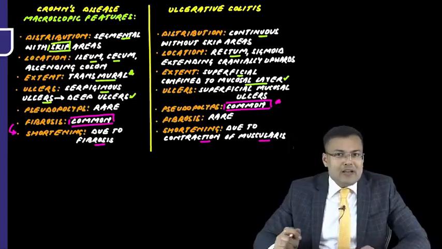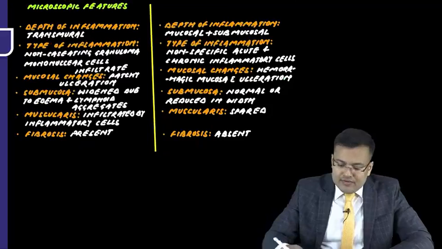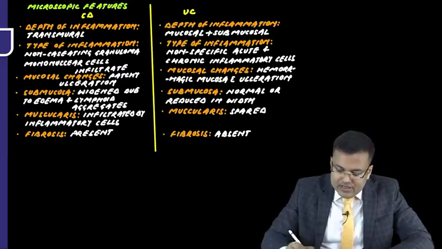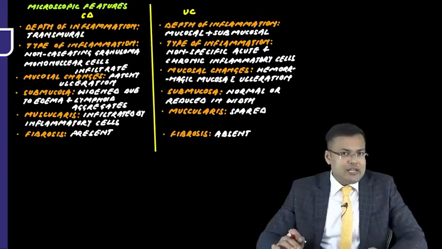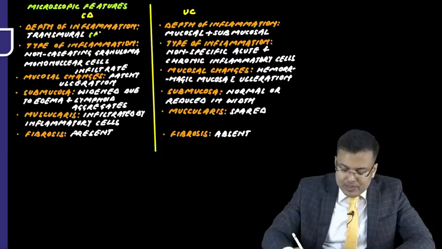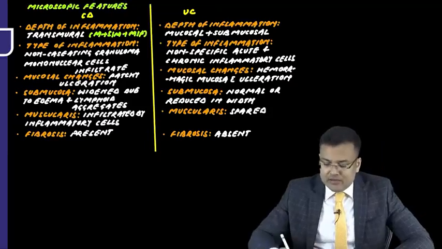Now see the microscopic features of Crohn's disease and ulcerative colitis. We already discussed that the depth of inflammation in Crohn's disease is transmural, means there is involvement of mucosa plus submucosa plus muscularis propria, and in ulcerative colitis there is involvement of only mucosa and submucosa.